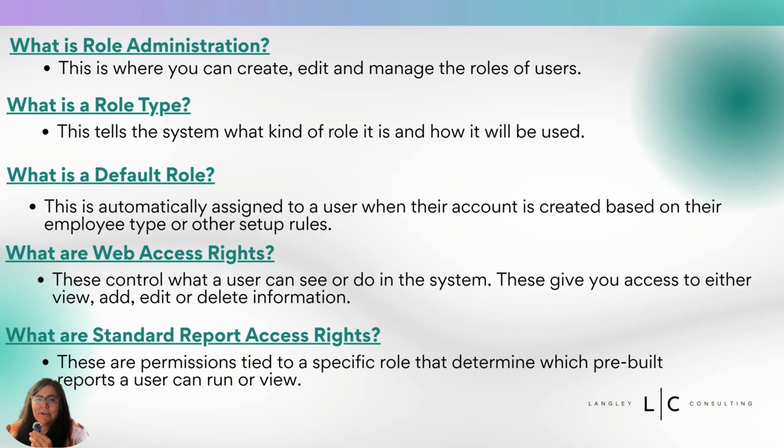So, for example, if I select a manager role type and I try to go to web access rights and I see a very limited number of options I can select from, it's because I selected only that one role type.